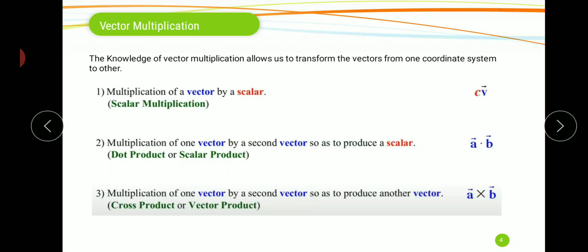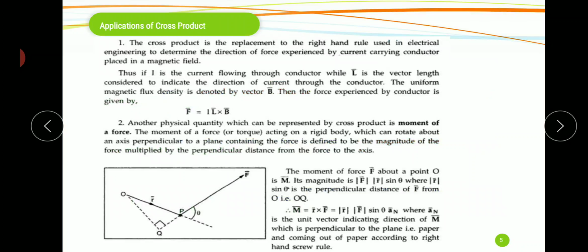Okay, and next, these are the applications of cross product. Here the cross product is the replacement of the right hand rule. Whatever we learn in the right hand rule indicates the directions of the three vectors. So what is the resultant vector? In electrical engineering, it is used to determine the direction of force experienced by a current carrying conductor placed in a magnetic field.